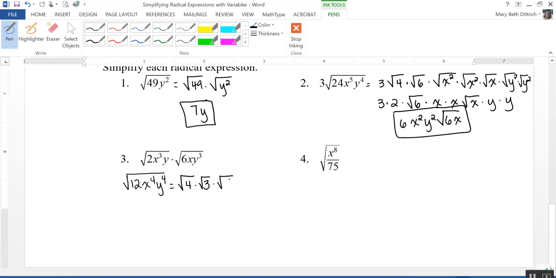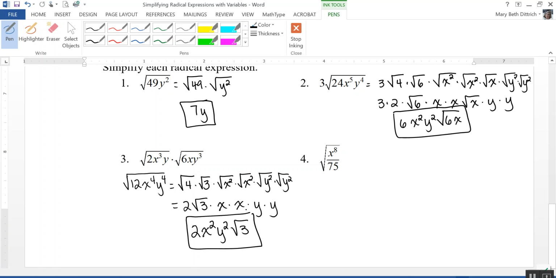X to the 4th is the square root of x squared times the square root of x squared. And y to the 4th, square root of y squared times the square root of y squared. So that's going to give me 2 times the square root of 3 times x times x times y times y, or 2 x squared, y squared, square root of 3.